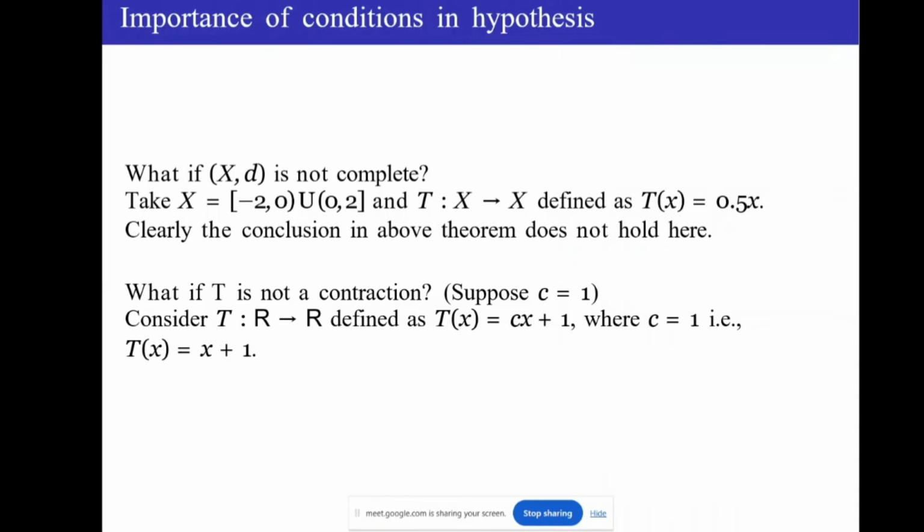So in the hypothesis of Banach contraction principle, T being a contraction, that means there being a C such that 0 is strictly less than C, and C is strictly less than 1, is very important. T being a contraction is of utmost importance. Now we have discussed the motivation for Banach contraction principle, and also the importance of the hypothesis.